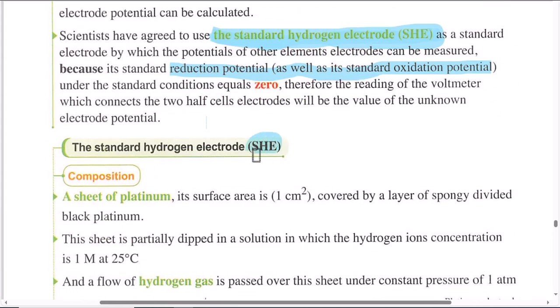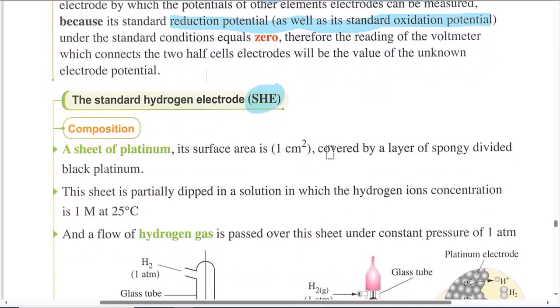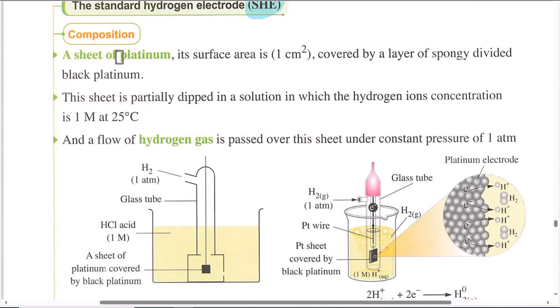It has a certain composition and certain conditions. First, a component is a sheet of platinum with a surface of 1 square centimeter, covered by a layer of spongy, finely divided black platinum to absorb hydrogen, dipped in a solution of hydrogen ions. The hydrogen ion concentration in this acid is 1 molar.